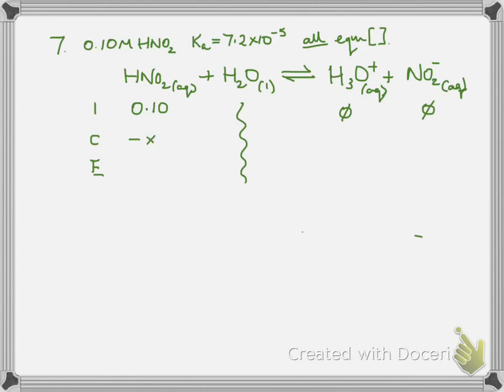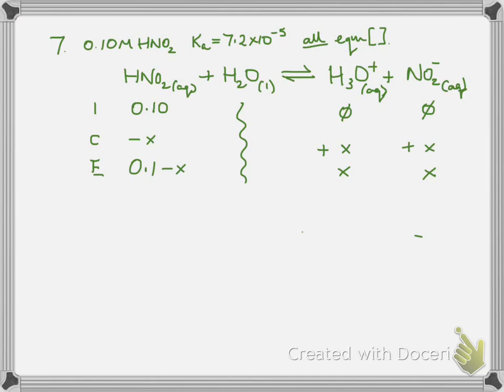Water doesn't count. And as it's a 1-to-1 ratio, the H3O plus would be plus X, and the NO2 minus would also be plus X. Then E, the equilibrium concentration, we just work out from the two above: 0.1 minus X is what would be left at equilibrium from the acid. And then 0 plus X is X, and 0 plus X is X. So those are the equilibrium concentrations in terms of X.